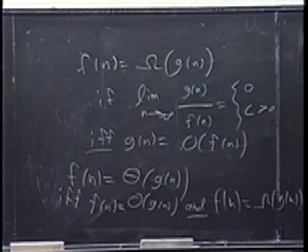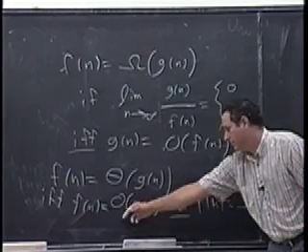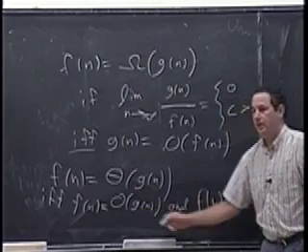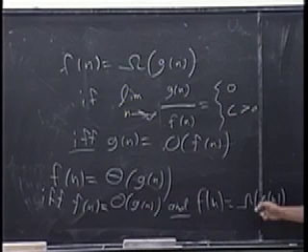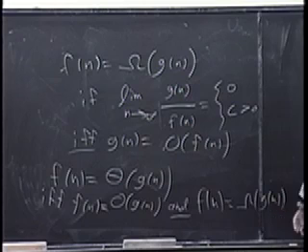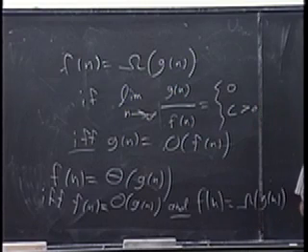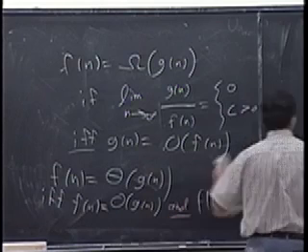So if we have both of those things happening, that it basically grows no faster than g of n and basically grows at least as fast as g of n, then what is it growing as? As g of n. F of n and g of n are growing roughly at the same rate.